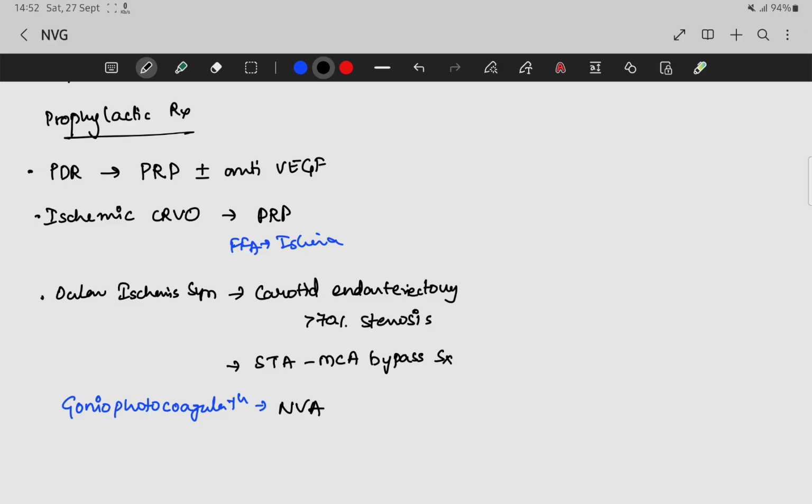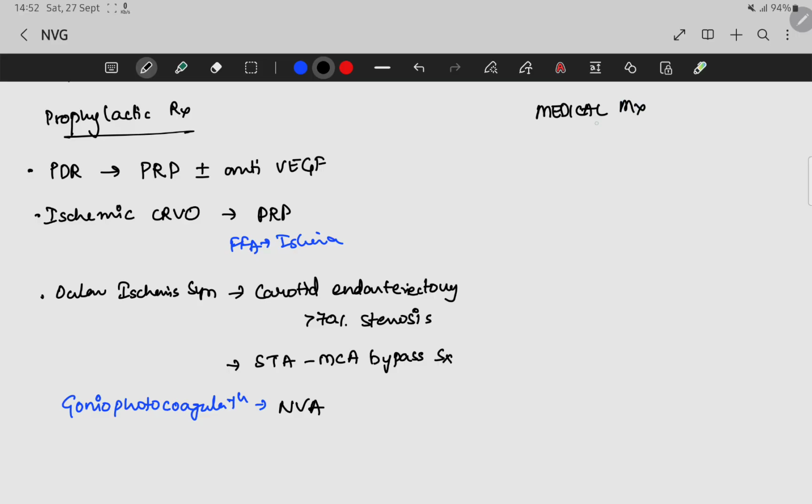Now coming to the medical management. As usual, we have to reduce the IOP with topical beta blockers, alpha agonists, carbonic anhydrase inhibitors, hyperosmotics and prostaglandin analogs, but miotics are contraindicated. We should not give them because they can increase the inflammation.